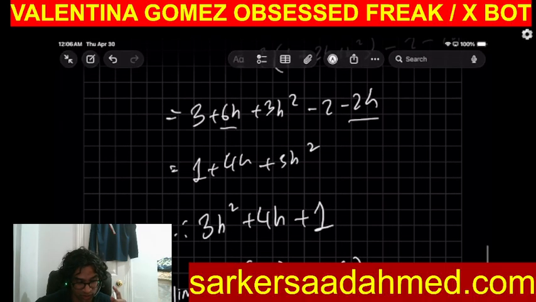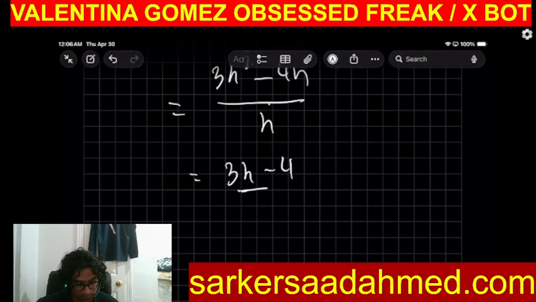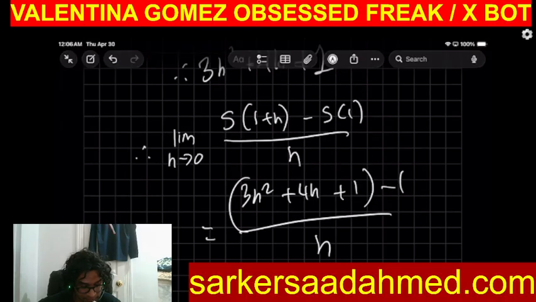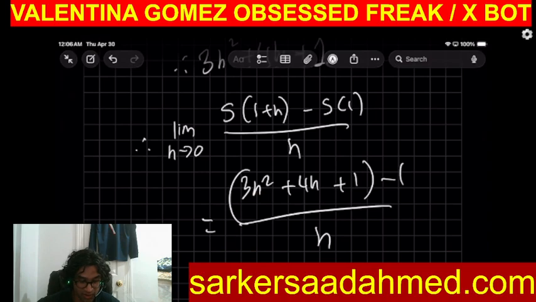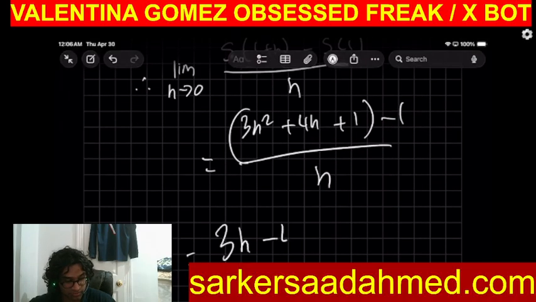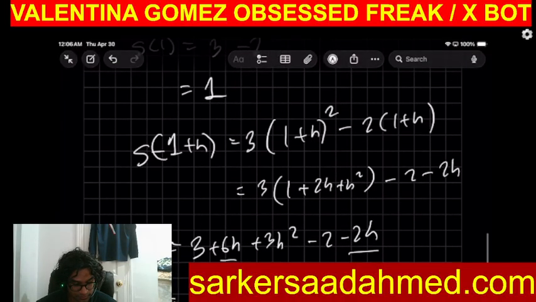Okay, now why would it be minus? Let me check. Wait, 3h square plus 4h plus 1 minus 1. So that's correct. I'm going to have 3h minus 4. All right. 1 square, which is 1 plus 2h.